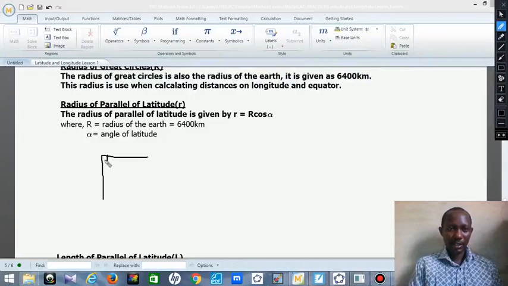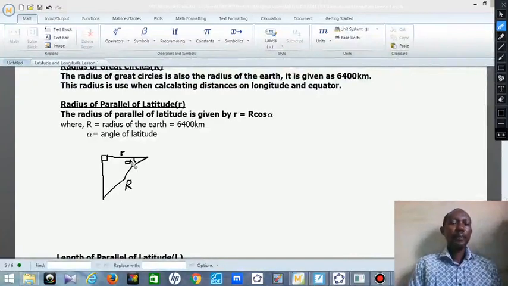So this is the angle 90. So this is the kind of sketch we had the other time. So this side, this is the alpha. Then this small letter r, and this side is the capital R.